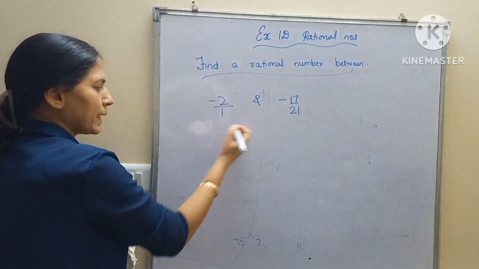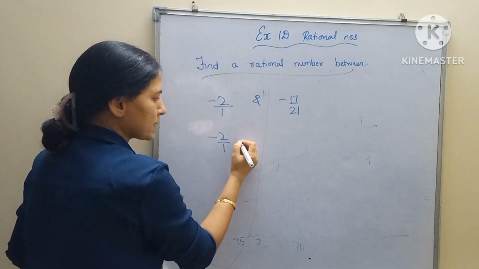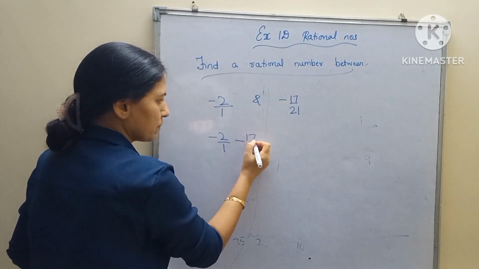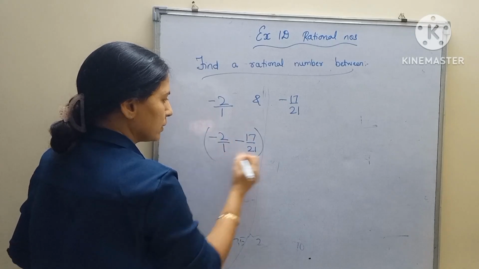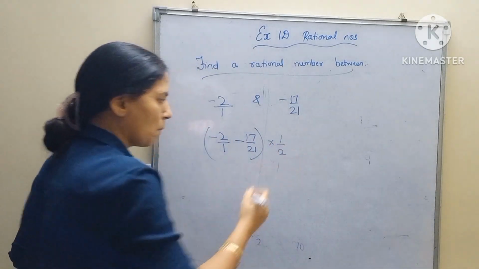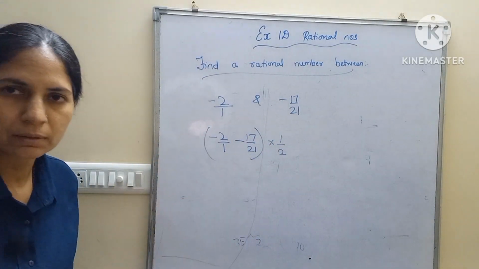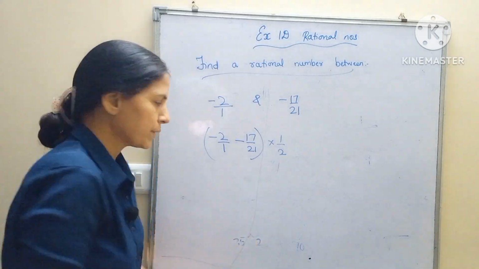Students, same. Minus 2 upon 1 plus minus 17 upon 21, into 1 upon 2. Is this much clear? I don't think this is very hard.